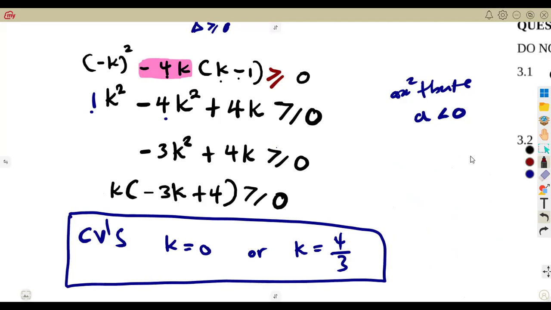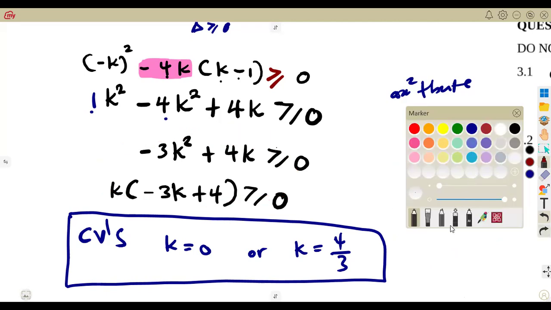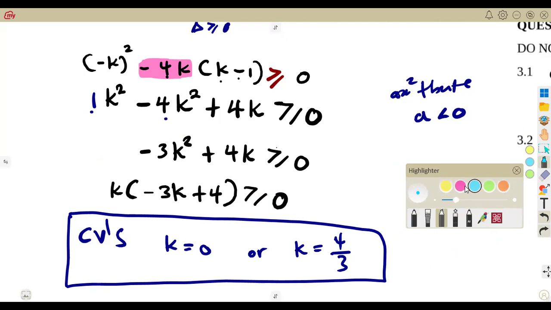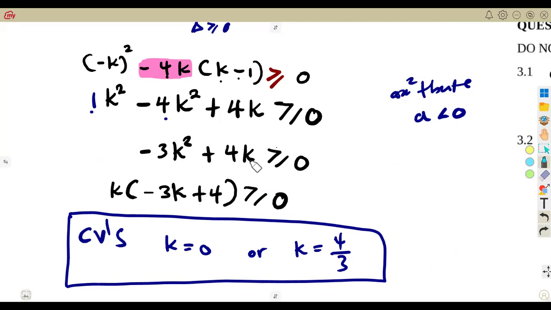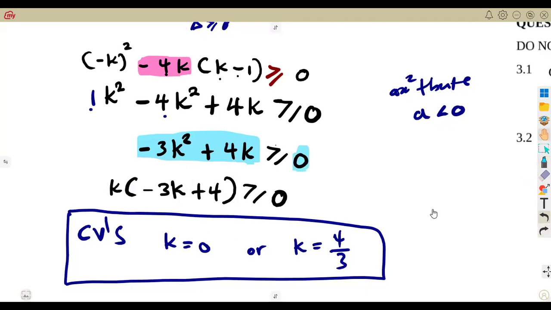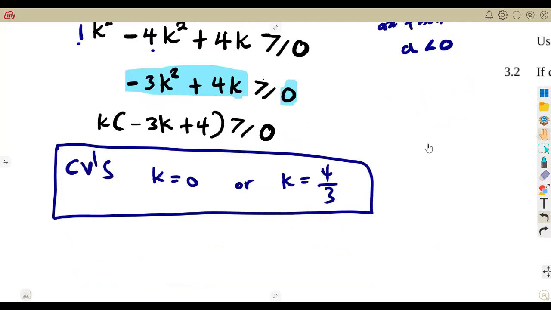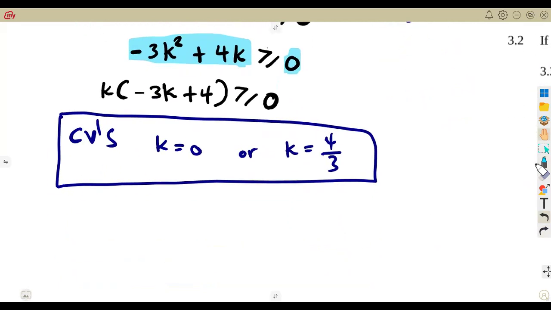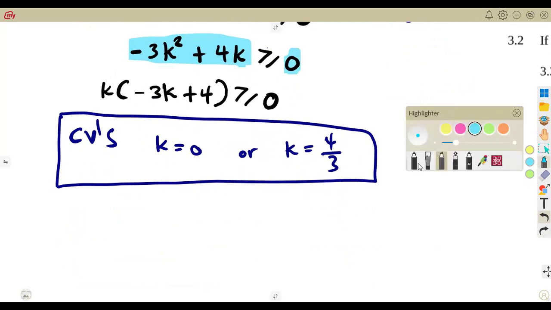But for an inequality, this one that we had simplified, it's going to be easier for you to examine or to see your solutions from this side, or you can use the factorized one. It's up to you. So for me, I'm going to work with this one, all right? What does it mean? I can use the graphical method. It's up to you. Use any method, guys, of your choice to get the exact solutions.